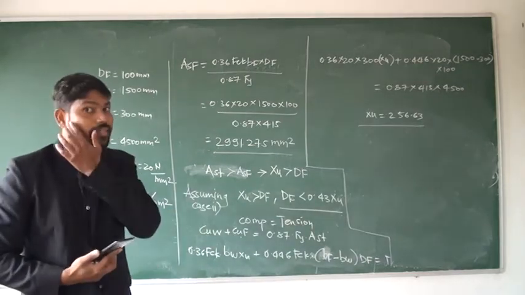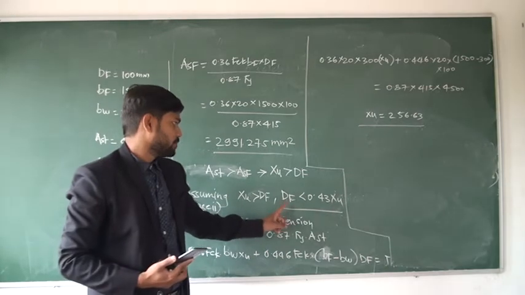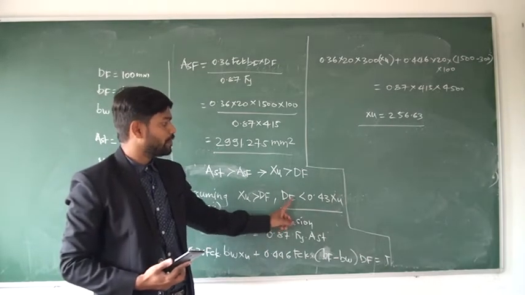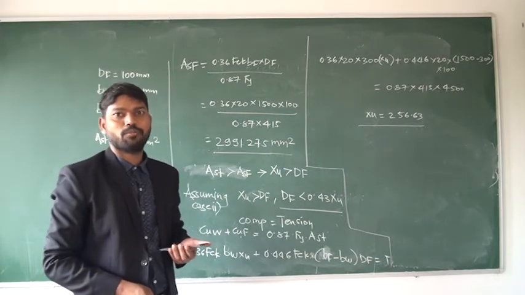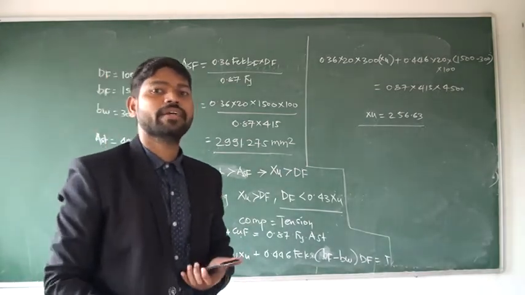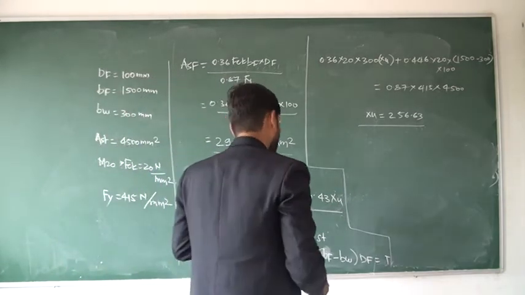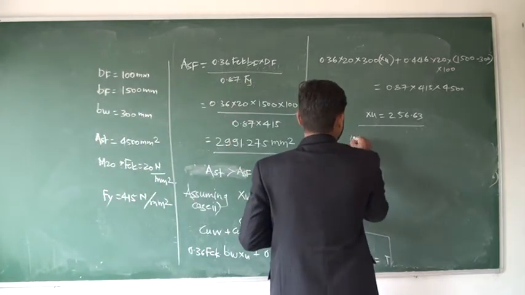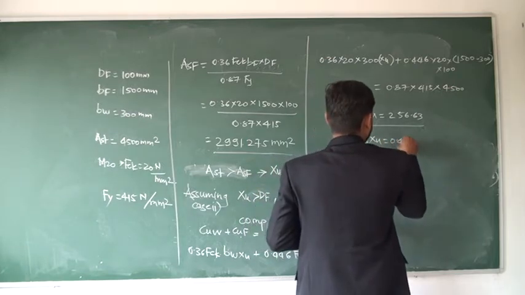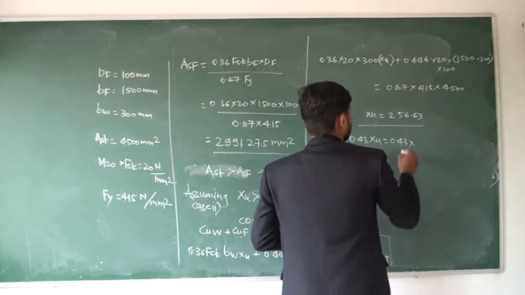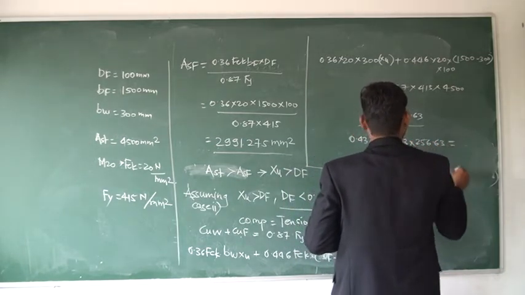But we have to check whether it is case 2 or case 3. So for case 2, the DF value should be less than 0.43 XU. Now calculate this 0.43 XU. So 0.43 multiplied by XU, 256.63.